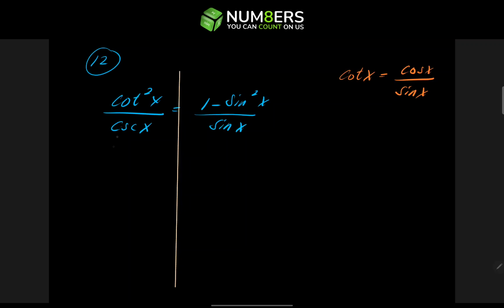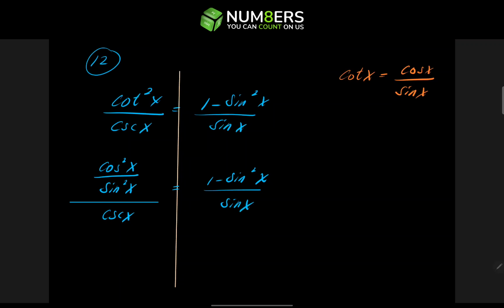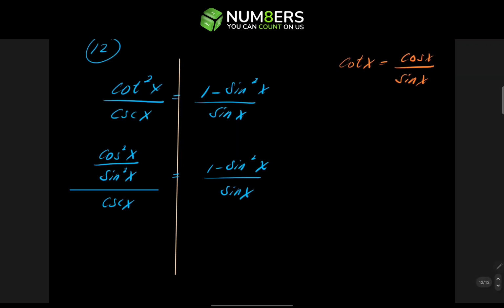So let's start by writing cotan squared as cosine squared x over sine squared x all over cosecant of x equals 1 minus sine squared x. The x should be on the bottom, not in the numerator. So sine squared of x all over sine of x. Here we use the quotient identity. So let's write down quotient identity here.